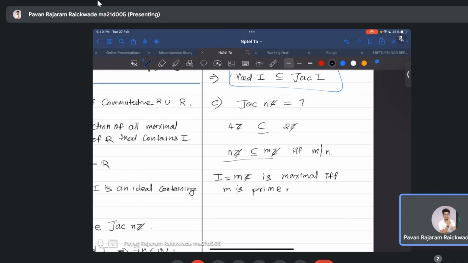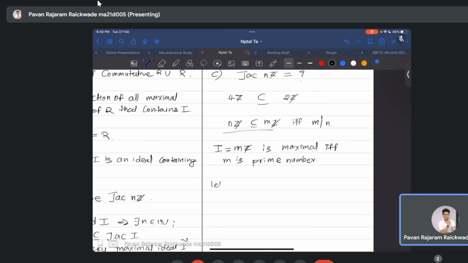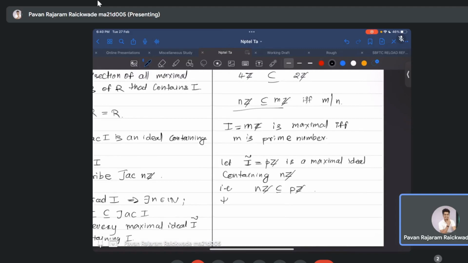And let I tilde be a maximal ideal containing nZ, that is, nZ is contained in pZ, where p is a prime number. Then we know that p divides n, right?